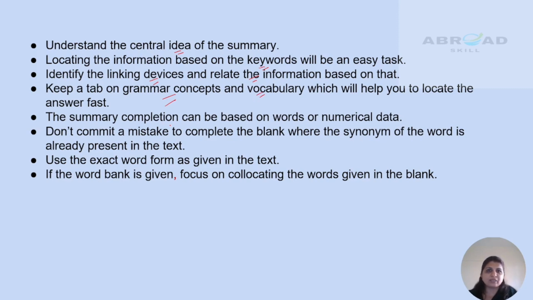This completion is based on words or numerical data. Don't make the mistake of completing a blank where the synonym of the word is already present in the text. If the same word or a synonym is present, don't write the same word again. It doesn't make sense. Use the exact word which is given in the text. If a word bank is given, fair enough, or else you will have the answer in the passage itself.